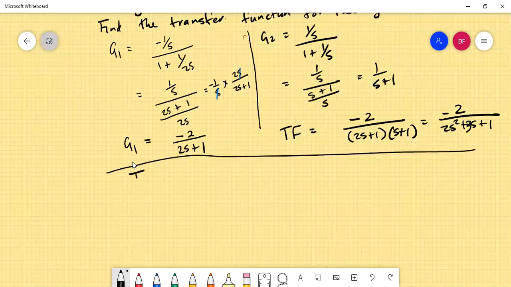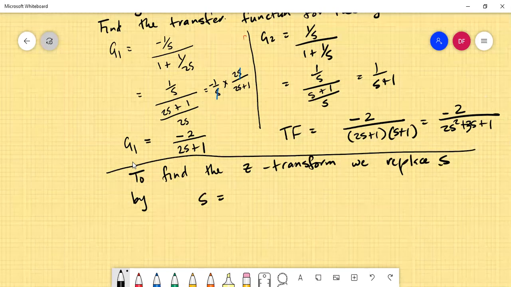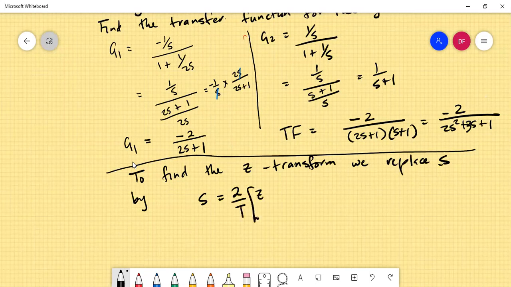Okay. So now, to find this Z transform, we replace s by what we had there. s is equal to 2 over T times (Z plus 1) over (Z minus 1).